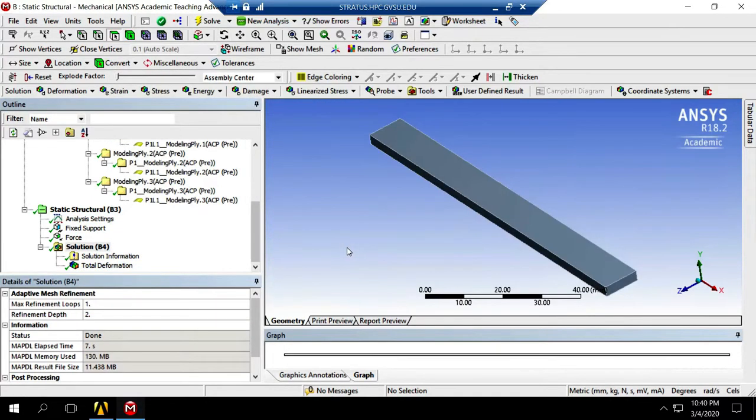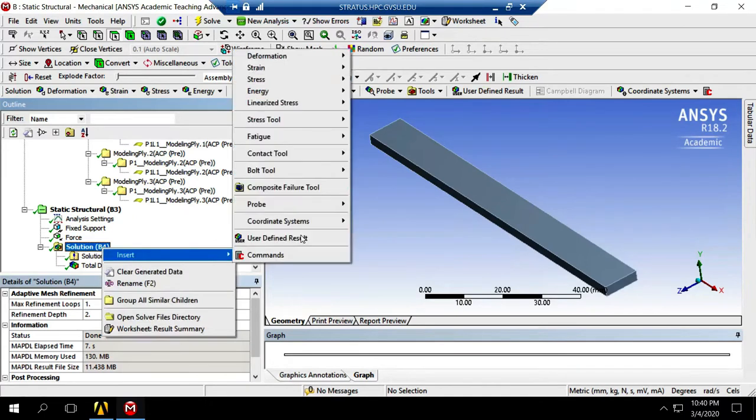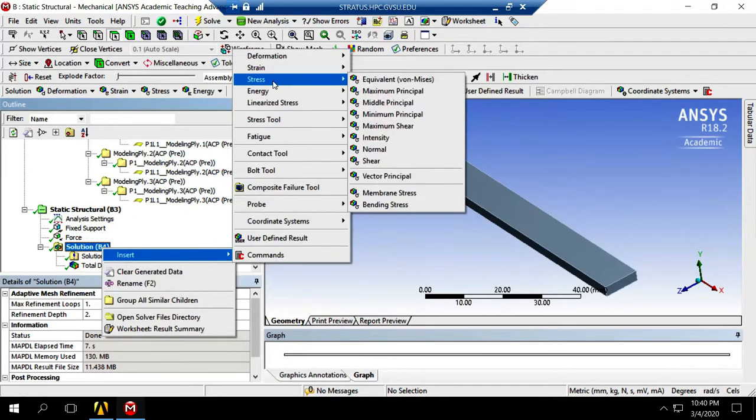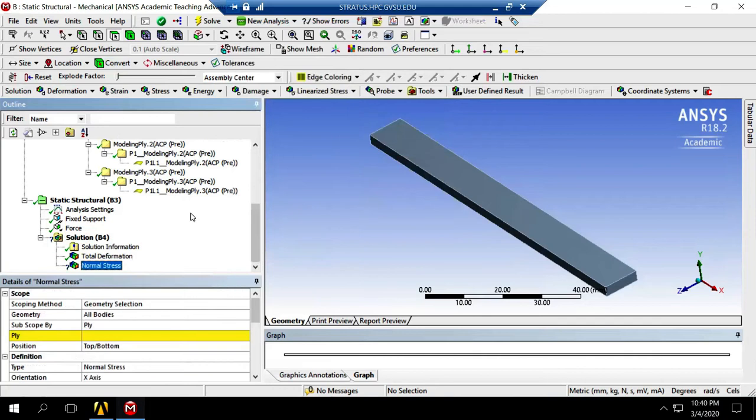Alright, so this is my beam, and I want to see normal stresses in one of my layers.